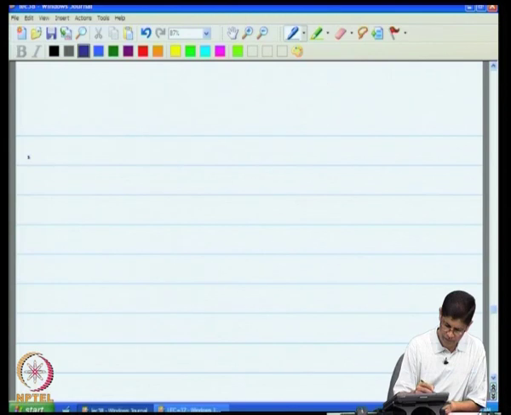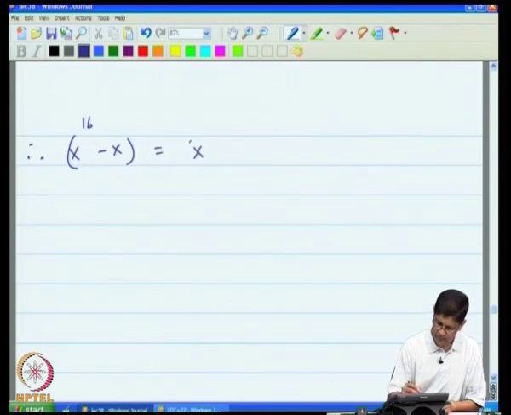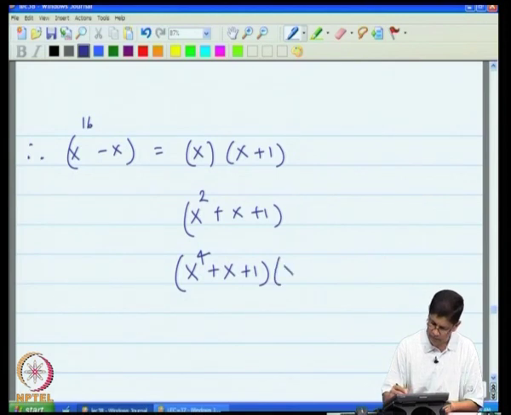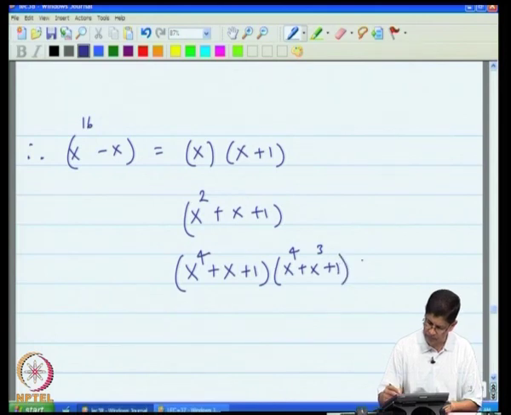since we know this, therefore x^16 minus x is x times (x plus 1) times (x^2 plus x plus 1) times (x^4 plus x plus 1) times (x^4 plus x^3 plus 1) times (x^4 plus x^3 plus x^2 plus x plus 1).